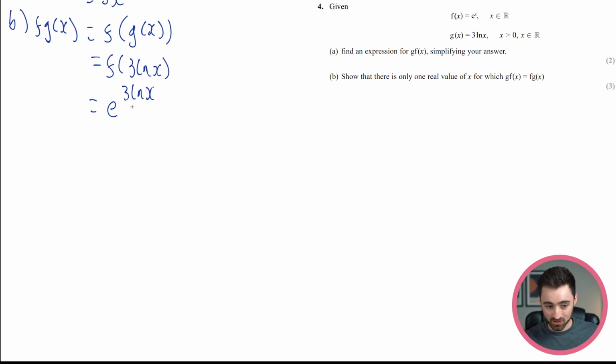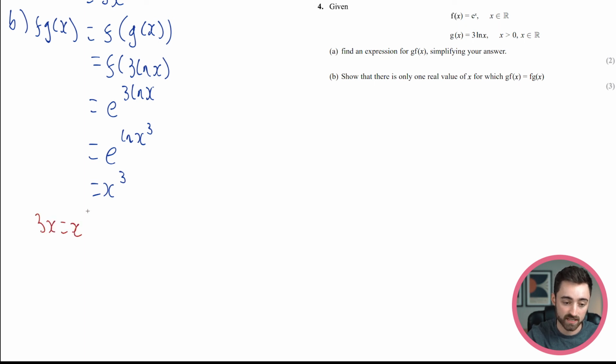Because this is next to a logarithm, I can stick this 3 up in the power of that log. So I can say that this is instead e to the ln of x cubed, x to the power of 3. Now look, the e and the ln, they're together and they can cancel. So I'm just going to be left with x cubed here. So I mean, this is the other side of my equation, right? So the equation that I now have to solve is just 3x equals x cubed.